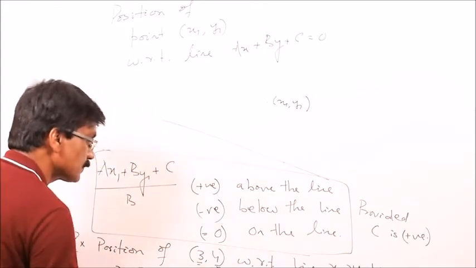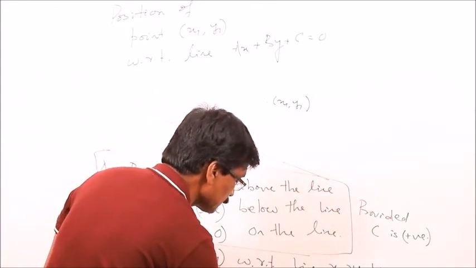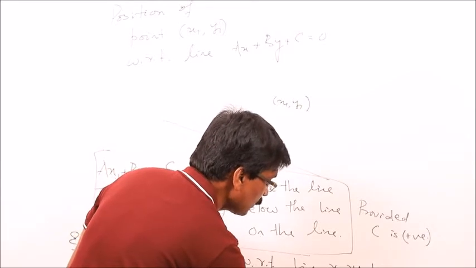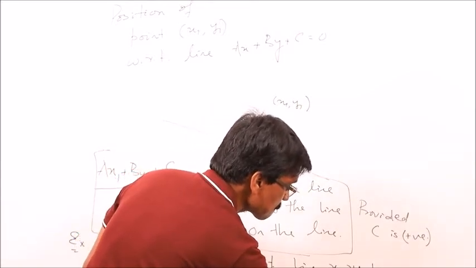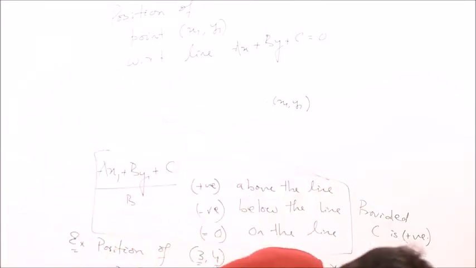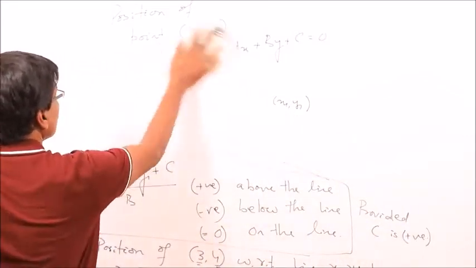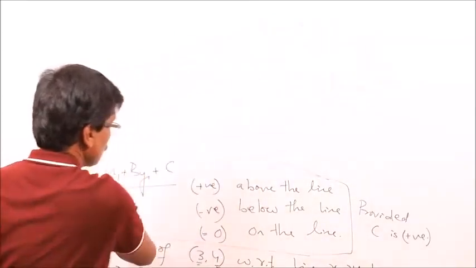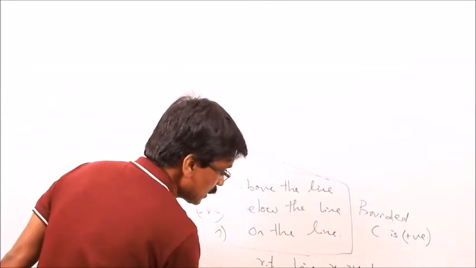So, point is above the line. So, we can find the position of a point with respect to a given line.